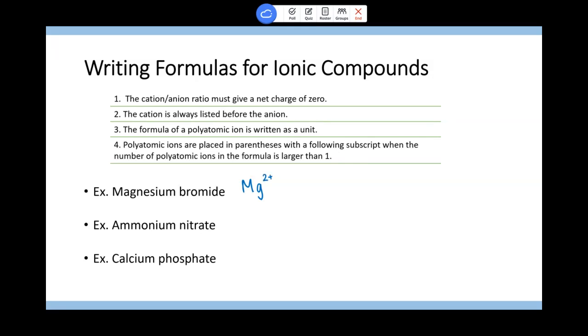So it has a 2+ charge. Bromide is in column 7A, or column 17. It has a -1 charge. So to cancel out 2 positives and 1 negative, we need 2 negative charges, so we need 2 bromines. So this formula is MgBr2.